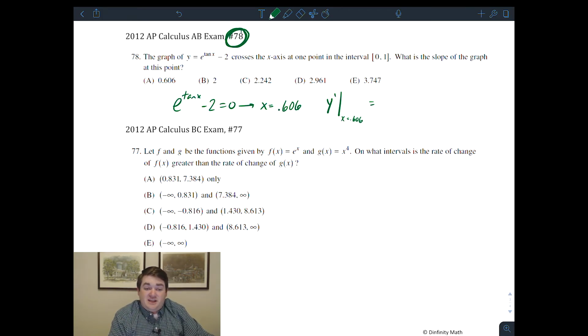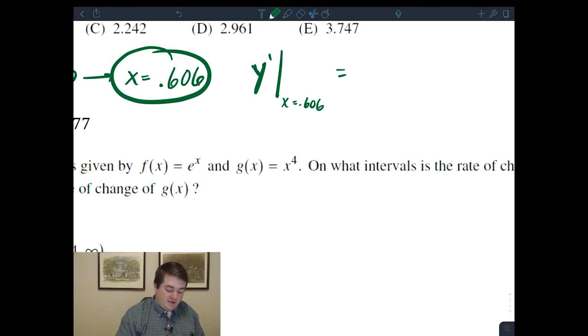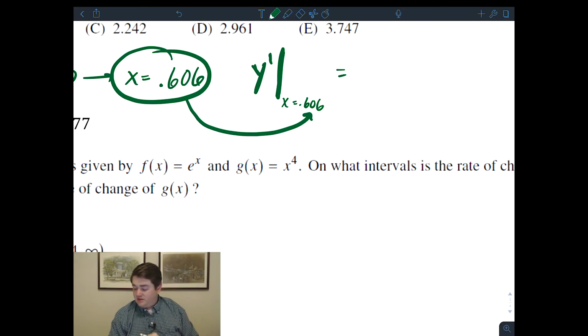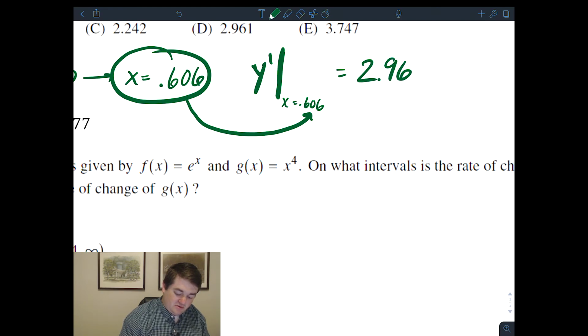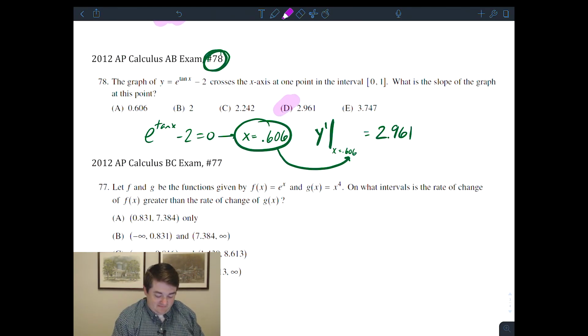When I graph e to the tangent x minus 2 and restrict my window to 0 to 1, I see that it crosses the x-axis at x equals 0.606. I stored that value. The way you read this is y prime evaluated at, the vertical bar meaning evaluated at x equals 0.606. I plugged in my stored value and got 2.961.